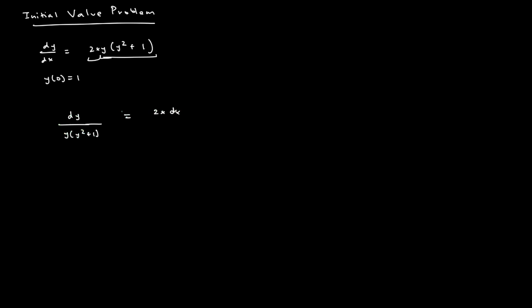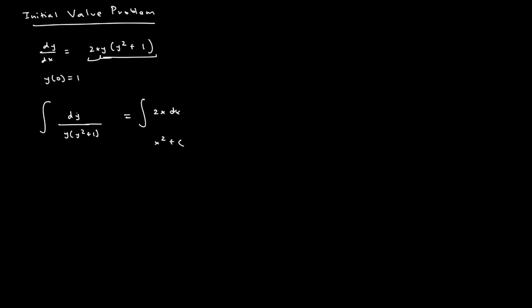And now I'm going to take the integral on both sides. The integral on the right side is pretty easy. This is just x^2 + C. The integral on the left side is a bit more tricky, and it seems like we'll be using partial fractions again to solve for this.